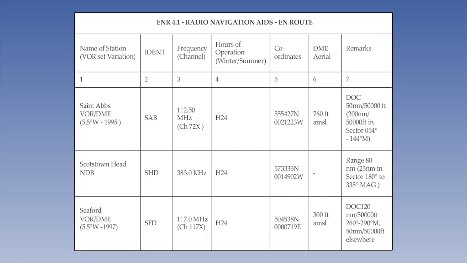From the table can be found the name of the aid, its Morse code identifier, its frequency, the hours of operation, its geographical position in latitude and longitude, the height of the aerial if it is a DME, and finally, any remarks concerning its operational limitations.